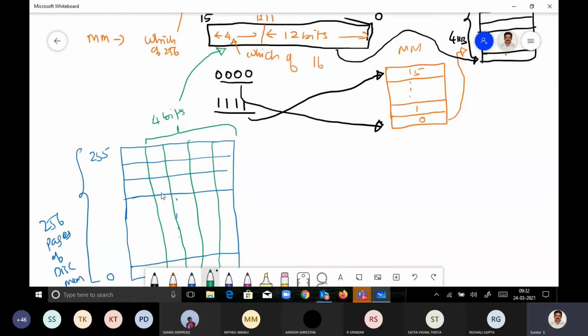So one table is created with the number of rows equal to the number of pages in the disk memory. The number of columns equals the number of bits needed to access which page in the main memory. Then one extra bit is there, no? They call this bit the present bit.